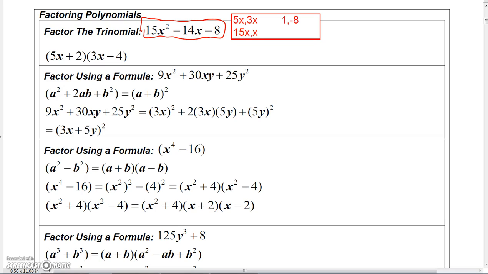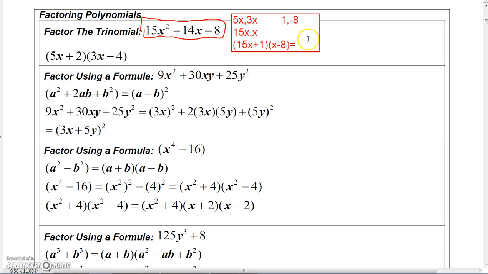Well, the trial and error method basically says this. If you try something, all right, I'm going to try something that I know is not going to work here. Let's say I tried 15x plus 1 and x minus 8.